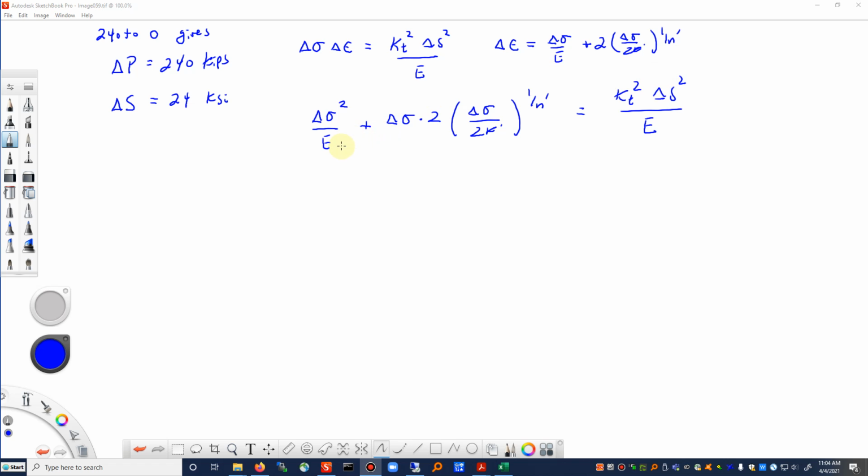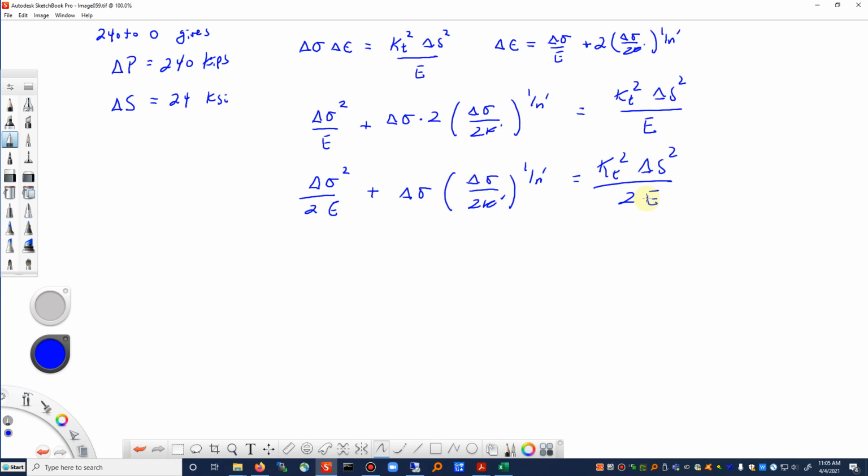We get delta sigma squared over E plus 2 times delta sigma over 2k prime to the 1 over n prime power is equal to KT squared delta S squared over E. If we go through and divide all the terms by 2, we can get it in this form: delta sigma squared over 2E plus delta sigma over 2k prime, the 1 over n prime power is equal to KT squared delta S squared over 2E. All right, so that's where that 2 came from in my formula.